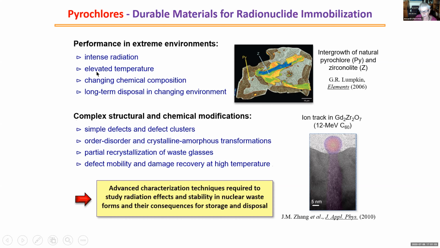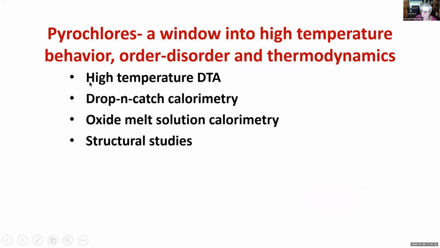Then we were a part of the Materials Science of Actinides, a Department of Energy Frontier Research Center, which brought together a number of groups to work on many things, including these fluorite-pyrochlore transitions. So that work will be highlighted in the next few slides. So the pyrochlores are then a window into high temperature behavior, order, disorder, and thermodynamics.